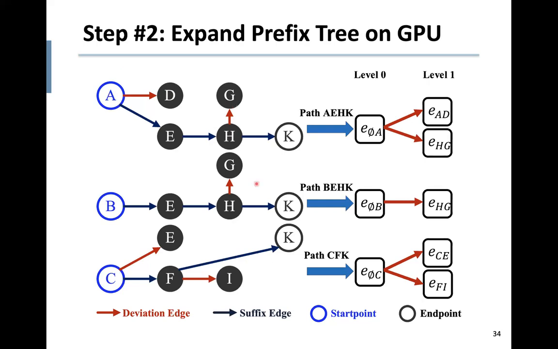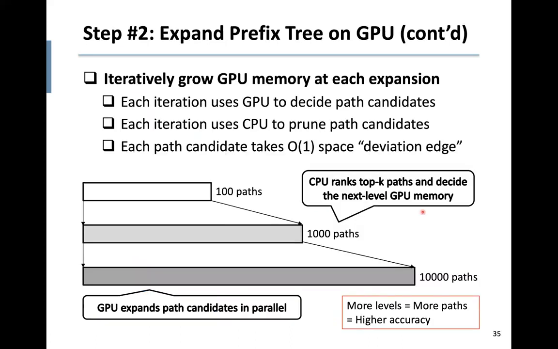Similarly, for the critical path BEHK, there is 1 edge possible for us to detour, and that is H to G. So after this expansion, the GPU thread will find 1 deviated edge. And keep in mind, each deviated edge represents a critical path. So we keep doing this at each iteration.